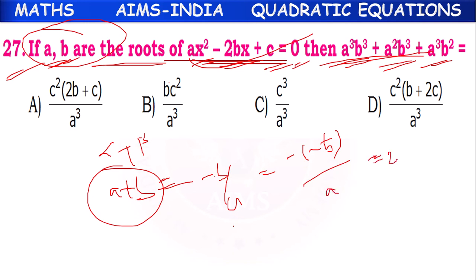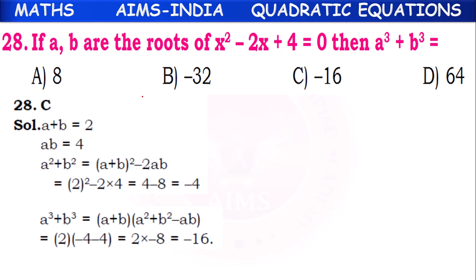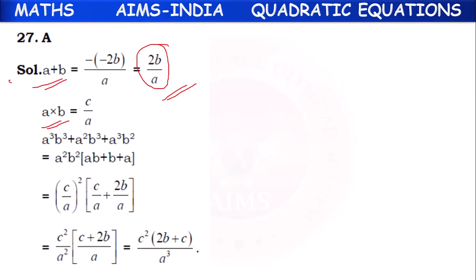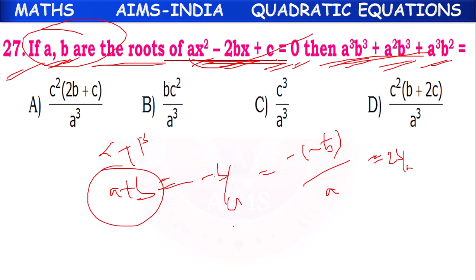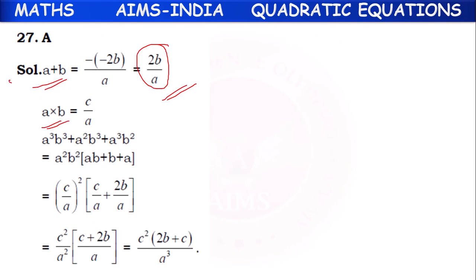Minus into minus plus, 2b by a. So here 2b by a is the sum of roots. Product of roots equal to c by a.